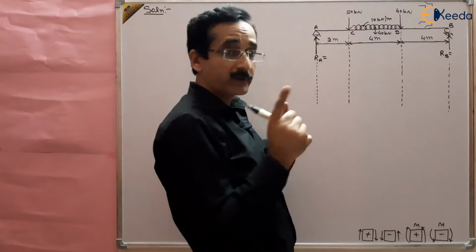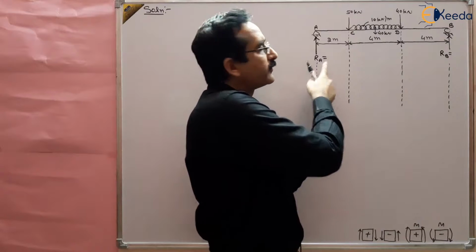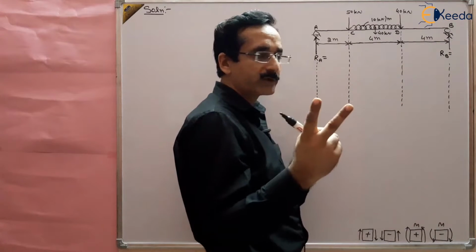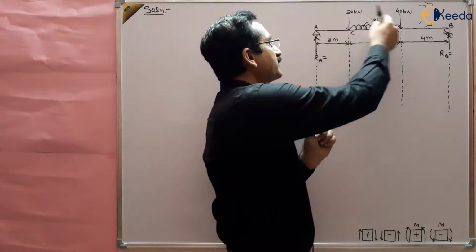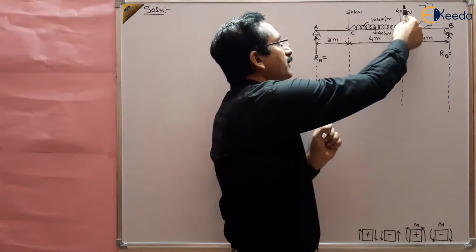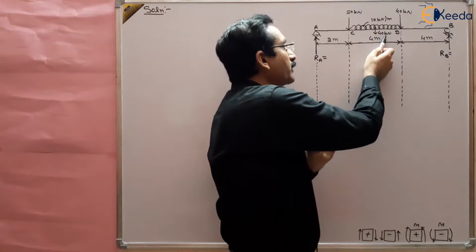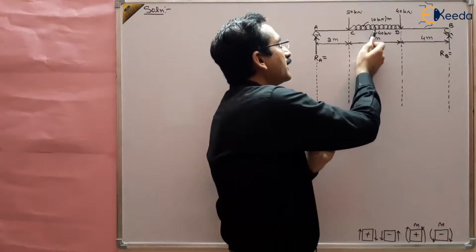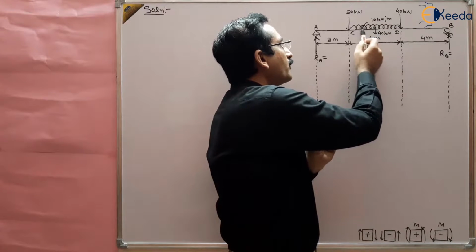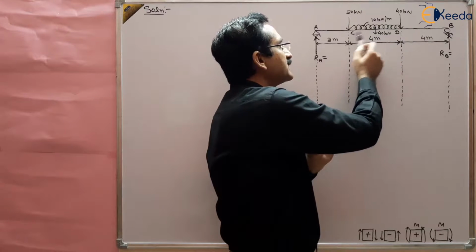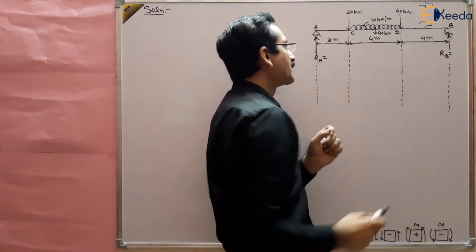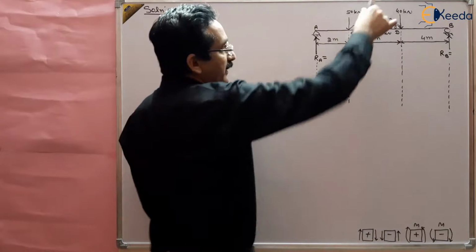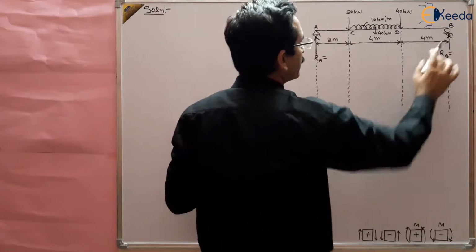Now, how many forces are there? RA is one force, RB is another force, 2 forces are the reactions, and 3 forces are this 50 kilonewton, 40 kilonewton, and this 40 kilonewton, which is the concentrated load of this UDL at the center of CD, right? So 3 are the downward forces and 2 are the upward forces.